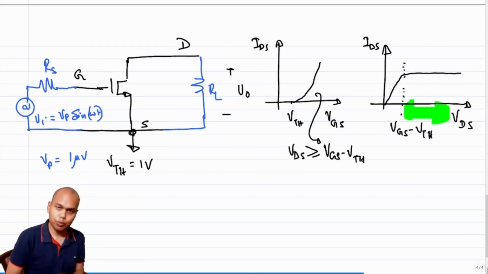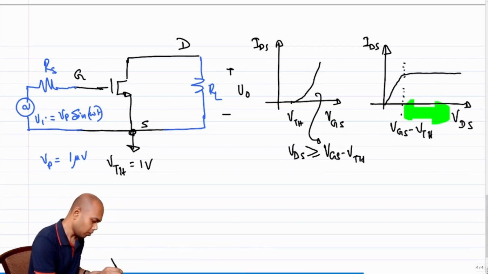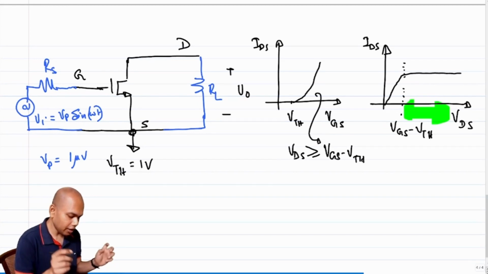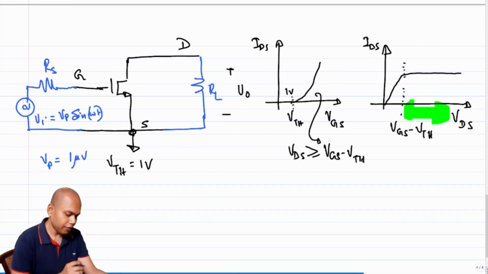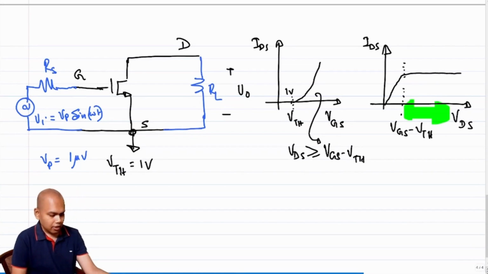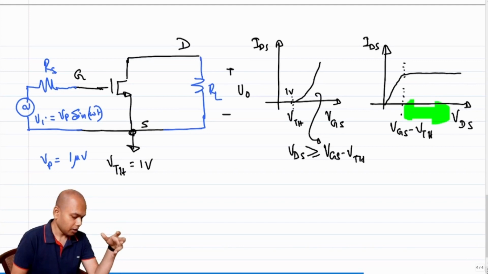This is looking at the output terminal. So what does this mean then? Given that our threshold voltage is 1 volt, I have to ensure that the voltage between gate and source is at least 1 volt.